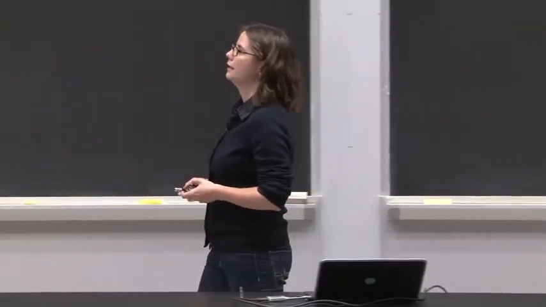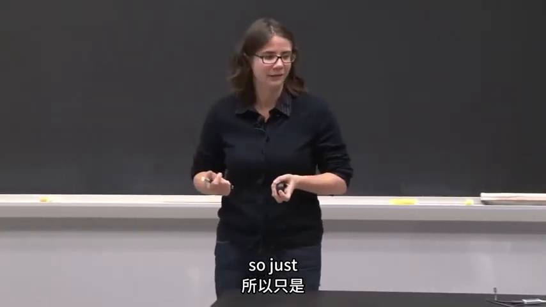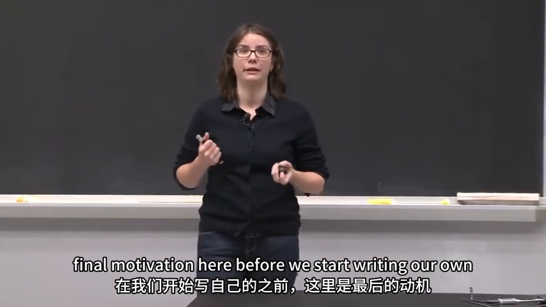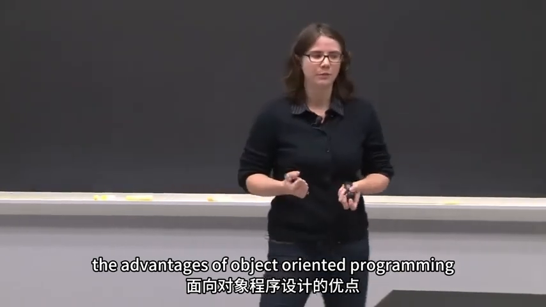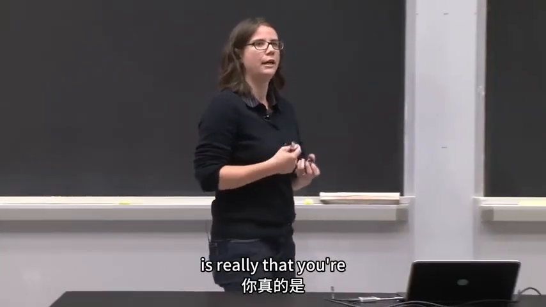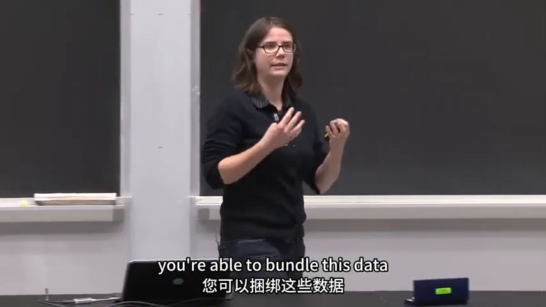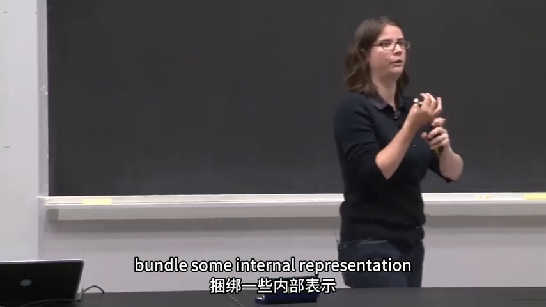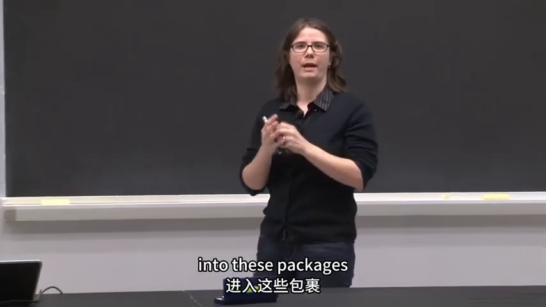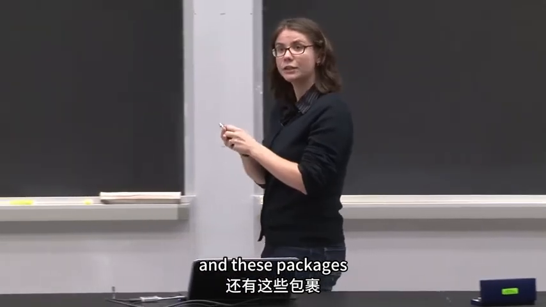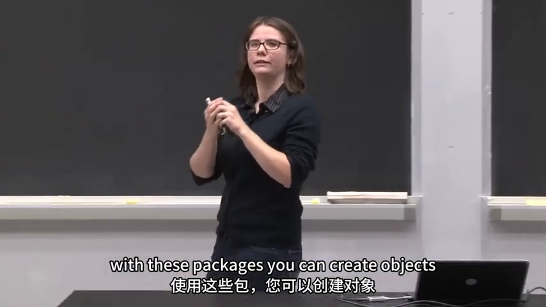Okay. So just final motivation here before we start writing our own types of objects: the advantage of object-oriented programming is really that you're able to bundle this data, bundle some internal representation and some ways to interact with a program into these packages. And with these packages, you can create objects.